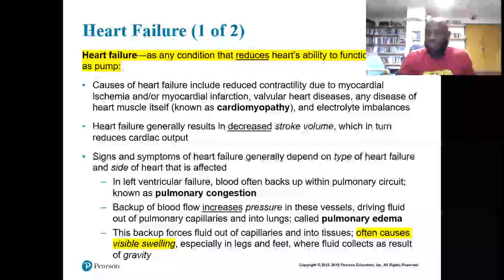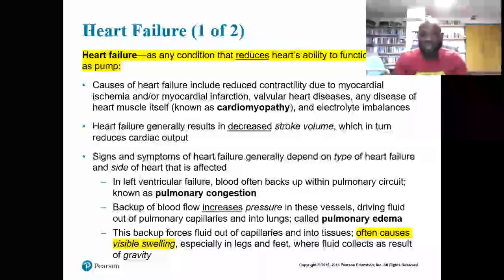Heart failure results in decreases in stroke volume. The heart's main goal is to pump blood throughout your body, so when it starts to fail, stroke volume decreases. The amount of blood being pumped per beat will decrease.